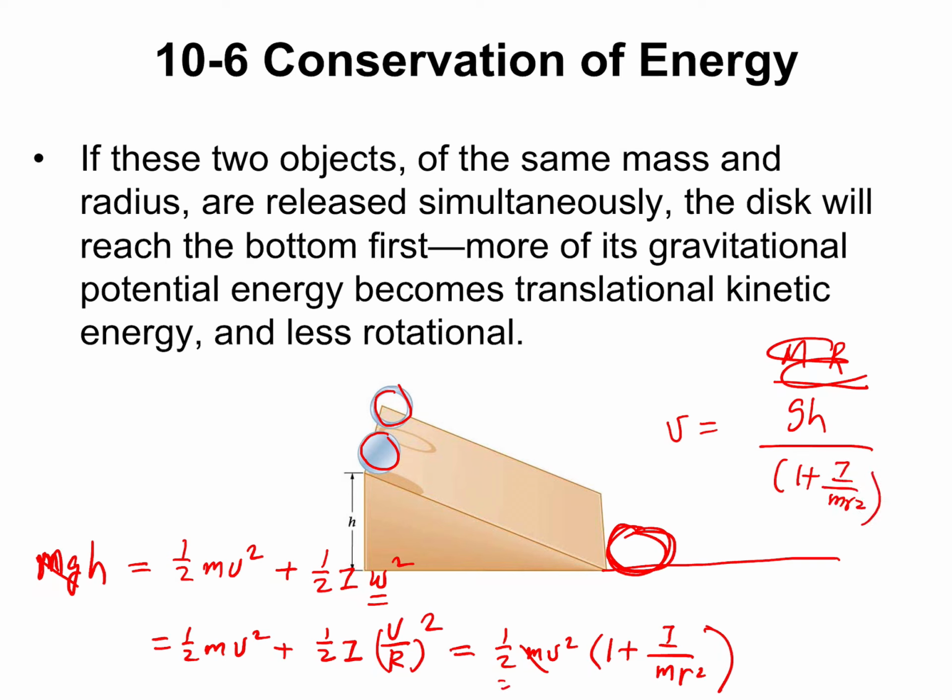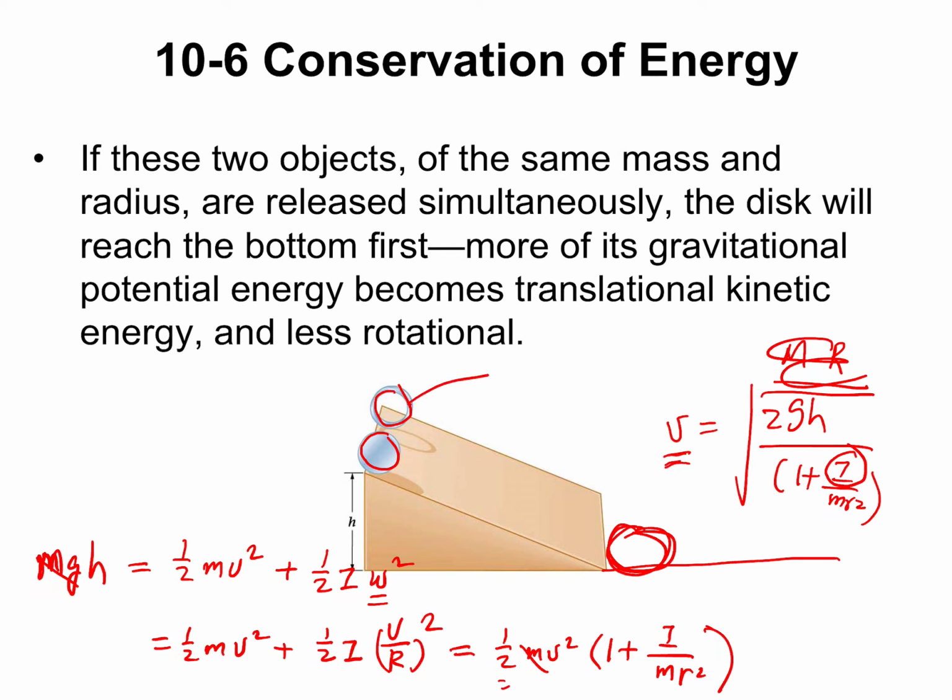What does it mean? It means whoever has a smaller I will have a bigger velocity, a bigger linear velocity, which means that one will reach the bottom first.